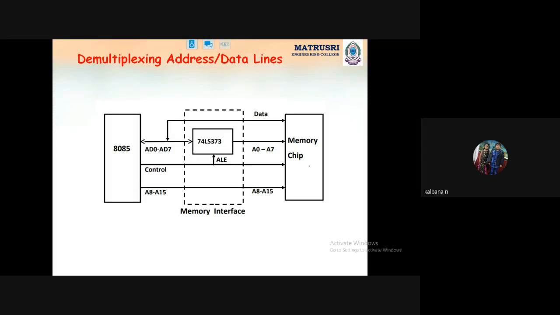If we are interfacing memory, IO/M bar is equal to 0. Then we can interface memory to the 8085. If this is equal to 1, we can interface input output devices, maybe both input and output or any one.